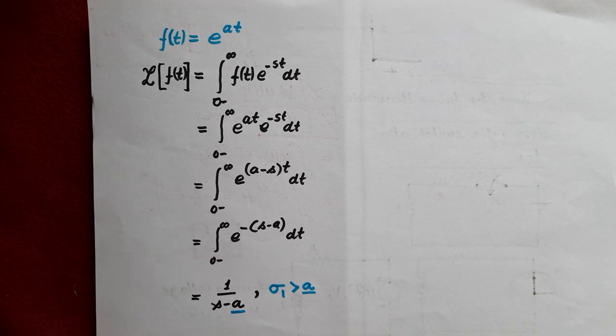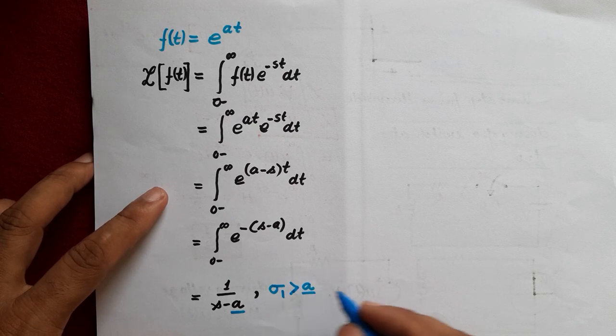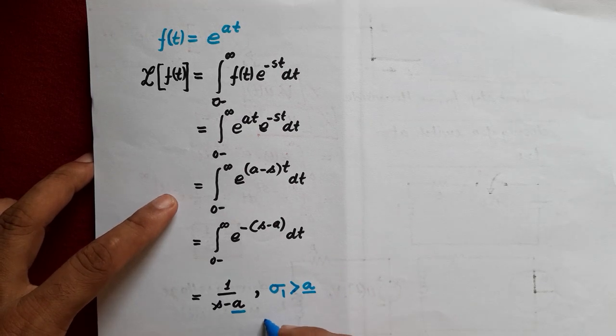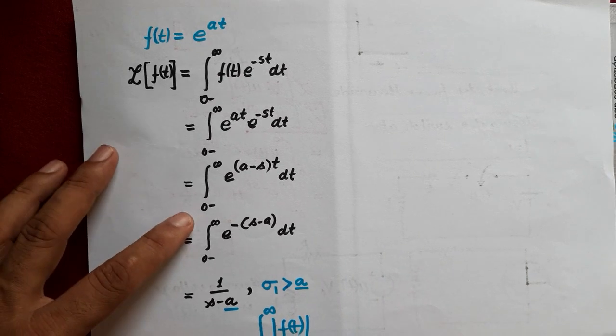And what is that sigma 1? That sigma 1 is the same sigma 1 which we discussed earlier, the sufficient condition for this f(t) to be transformable.